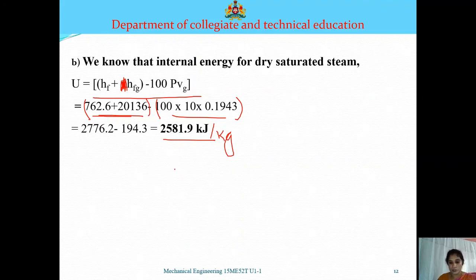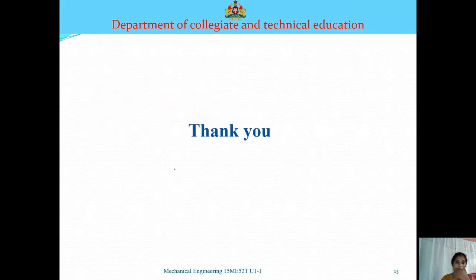So in today's topic, we tried to cover the numerical examples on specific volume. Secondly, we studied the definition of work done of evaporation and the numerical examples on it.